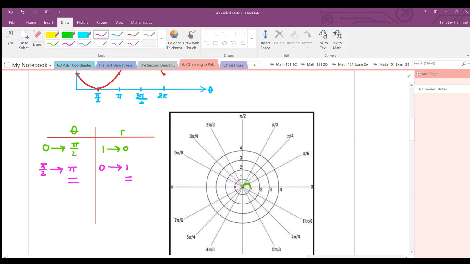And again, the idea is as we go from an r of 0 at pi over 2 radians, we want to go to r equals 1 at pi radians. And so this is going to make a very similar look here. And notice again, I've never exceeded r equals 1. I'm just connecting those two points with a smooth curve. Okay. And on to another section.